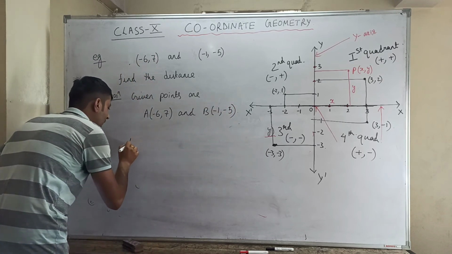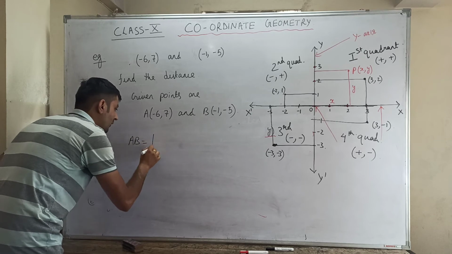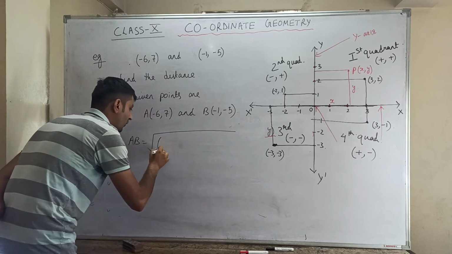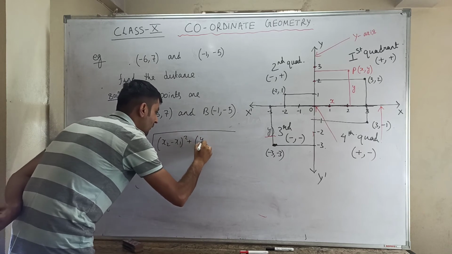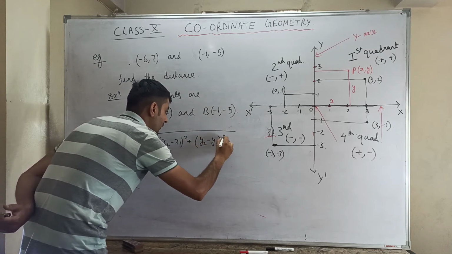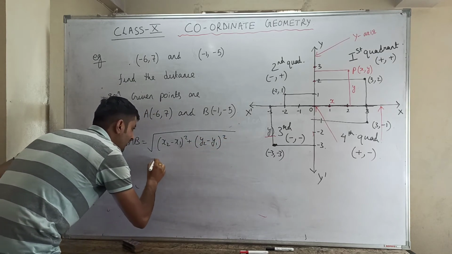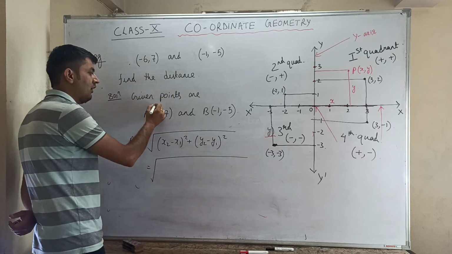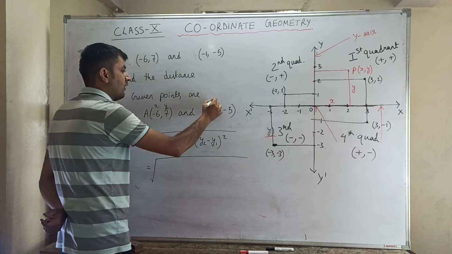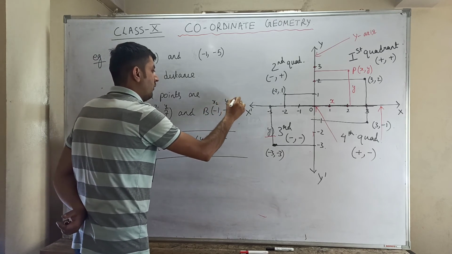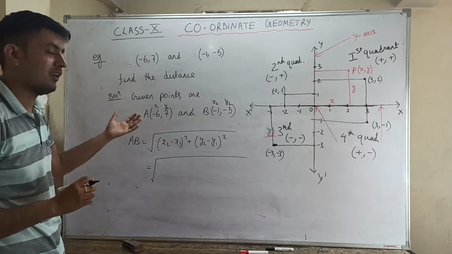So let me calculate the distance AB. You note down the formula. The formula is x2 minus x1 whole thing square plus y2 minus y1 whole thing square. So what is the value of x2? Identify it here. Look here: x1, y1, x2, y2. I hope you know how to identify it.